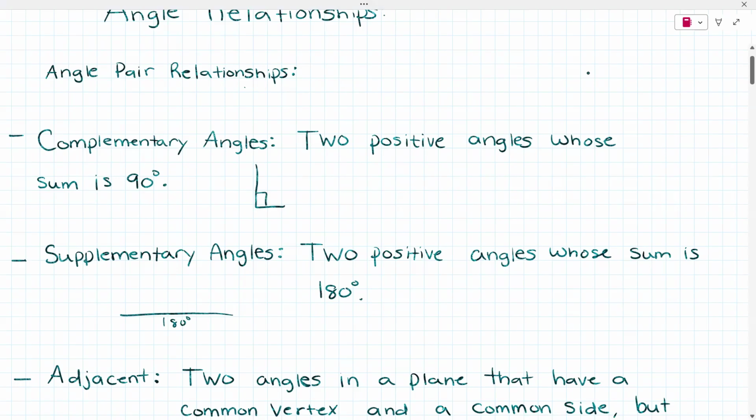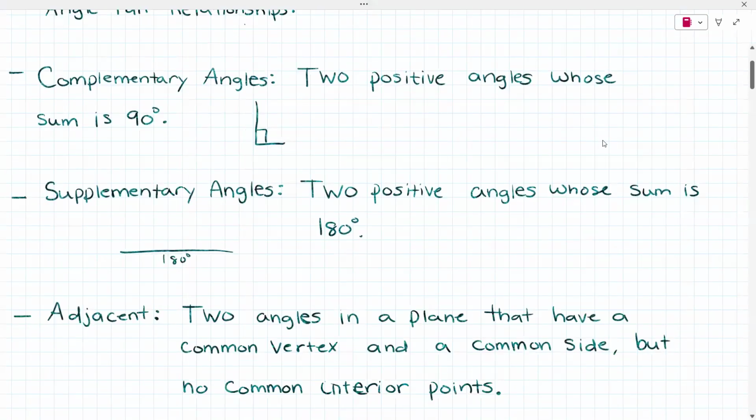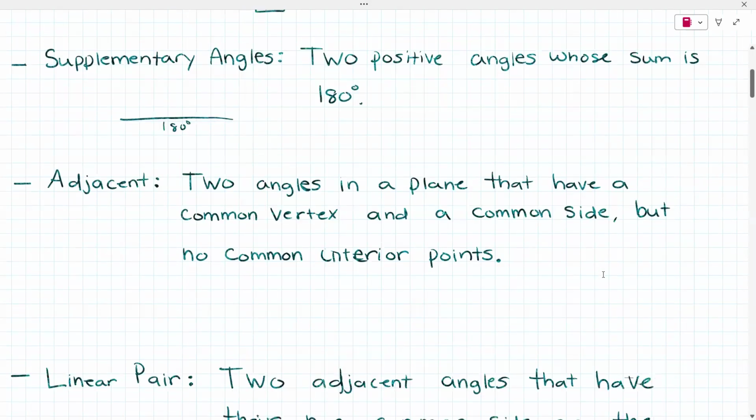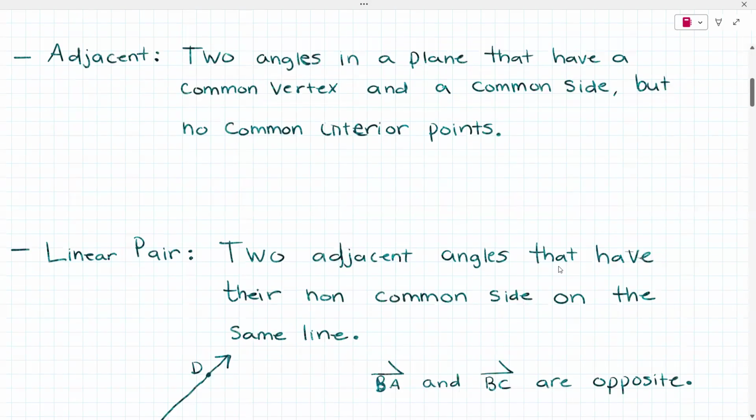What about adjacent angles? Two angles in a plane that have a common vertex and a common side, but no common interior points. That would be adjacent. And then a linear pair is two adjacent angles that have their non-common sides on the same line.